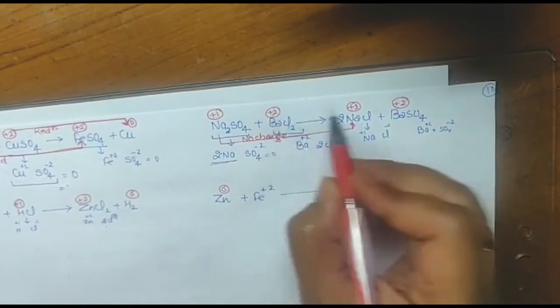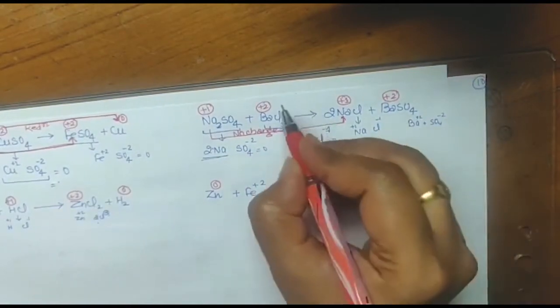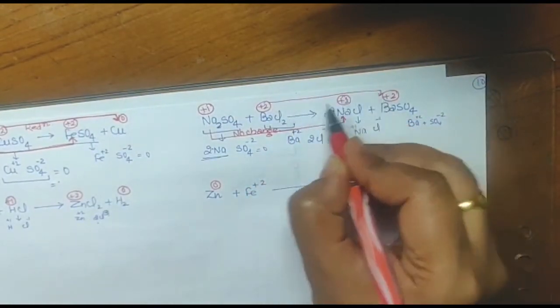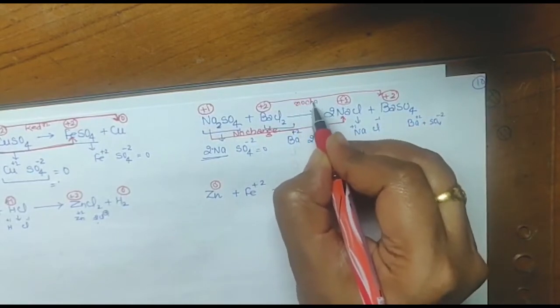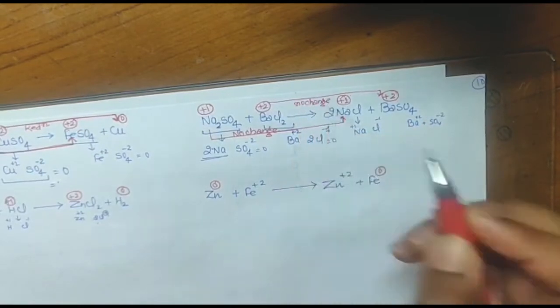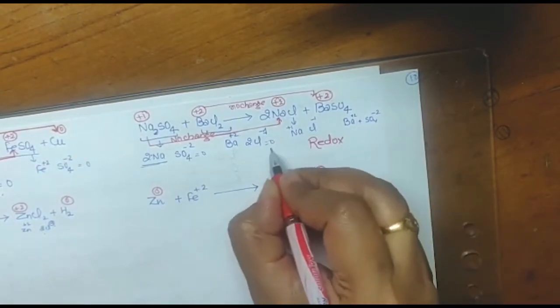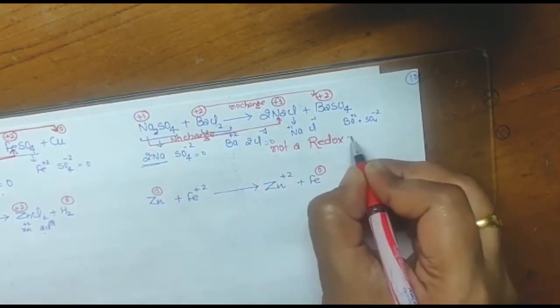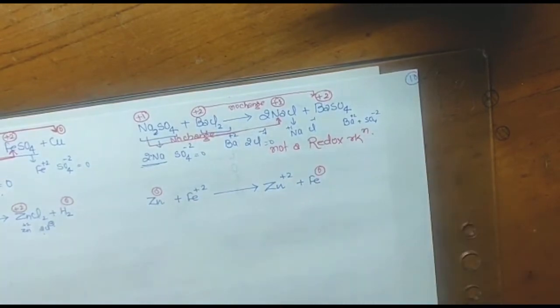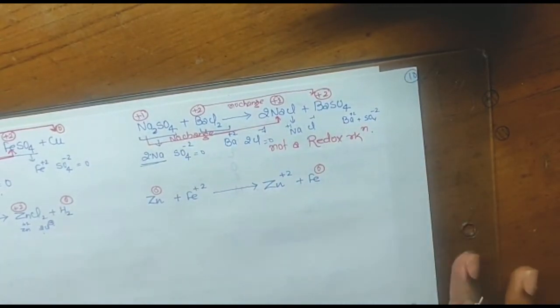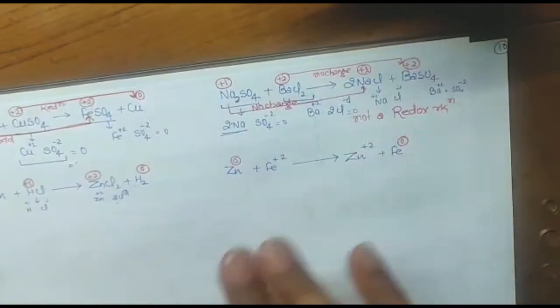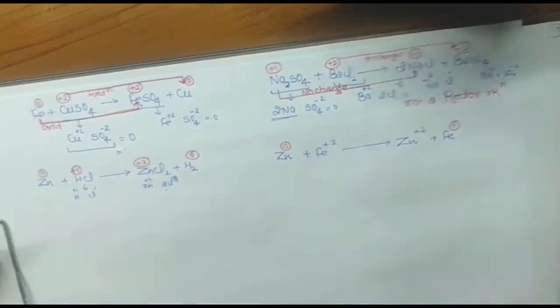Ba is here plus 2 and Ba is here plus 2. So again there is no change. If there is no change, that means it is not a redox reaction. Got it? Okay. If there is no change in oxidation number, we will say not a redox reaction.